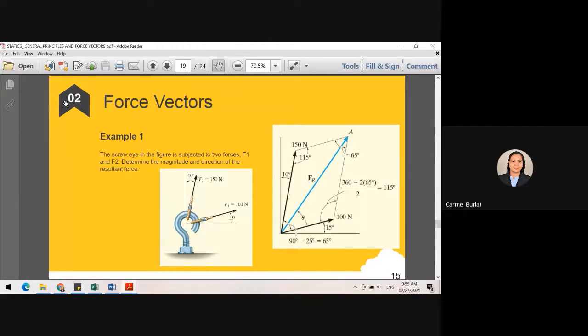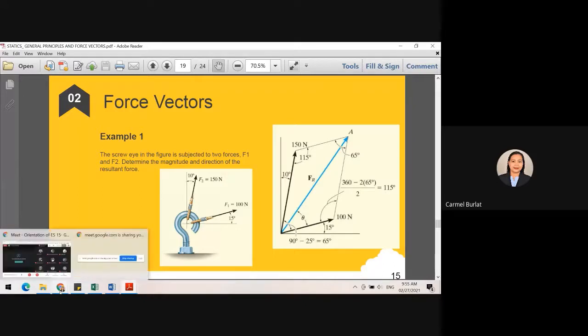Okay na? Nag-solve na mo, class? Nag-solve mo, wala.